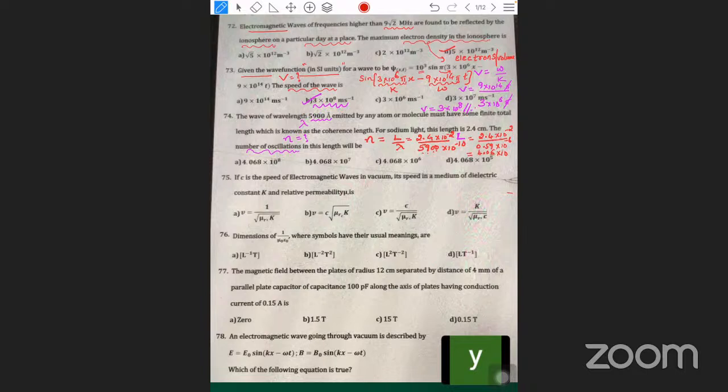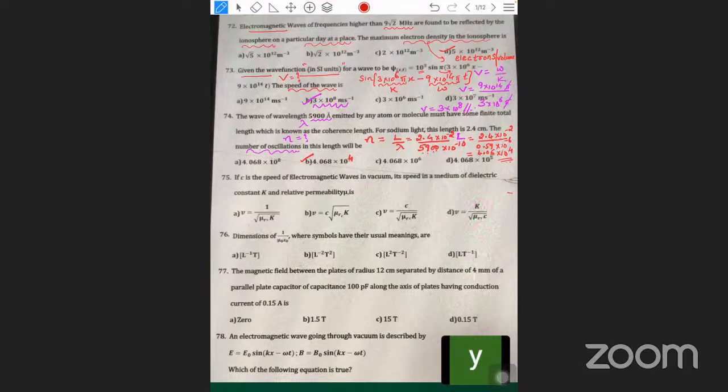Minus 6 plus 2, that becomes plus 6. Plus 6 minus 2 means 4. So 4.06 into 10 power 4. So this is the number of oscillations it is undergoing. Actually, you can make it as 10 power 4. So option B will be the right answer.